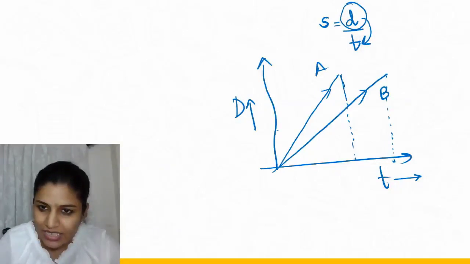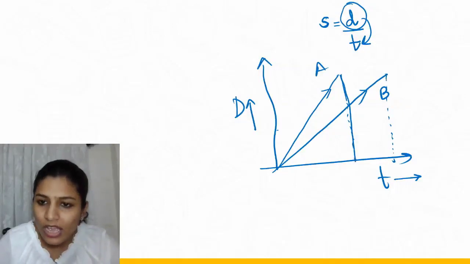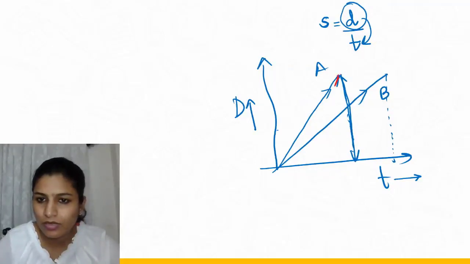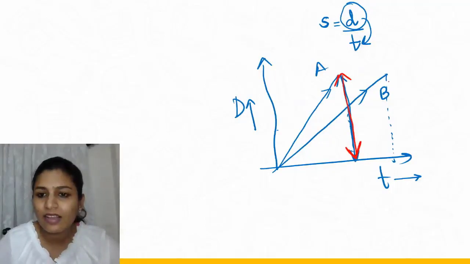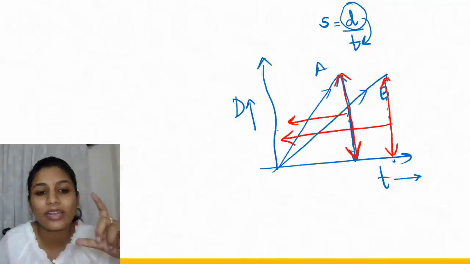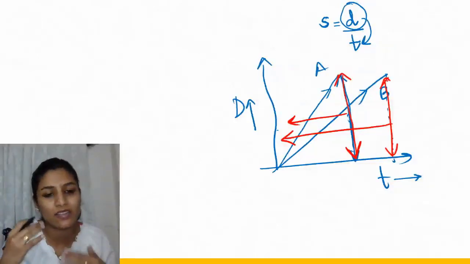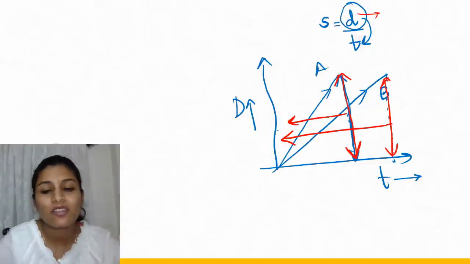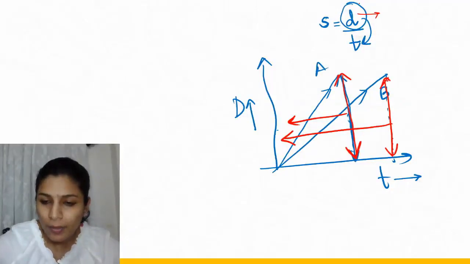So distance, this vertical value, as I am showing you with the help of the line, let me just use another color so that it can be easily visible to you. This line is the vertical line. This will tell you the value of distance basically. So if the length of this vertical line is more, then obviously the distance will be more, and if distance will be more, the speed of the body will be more.